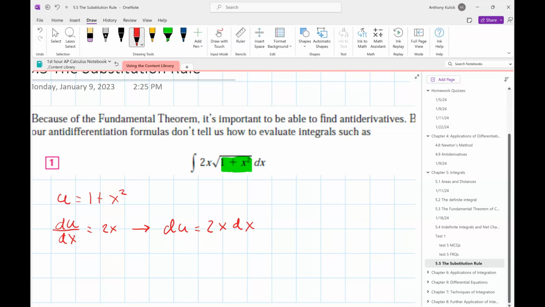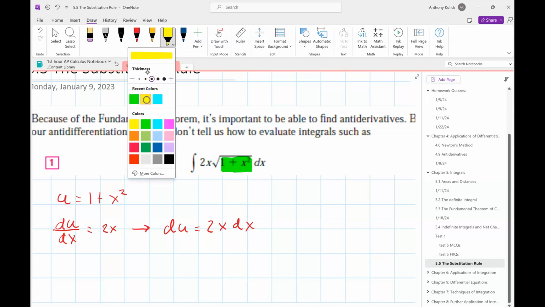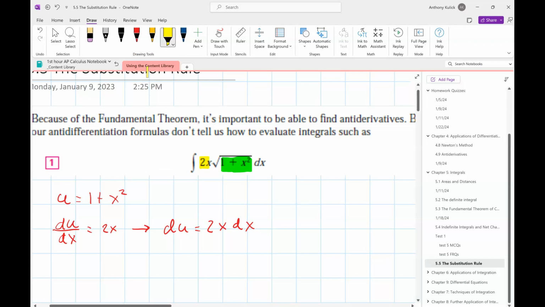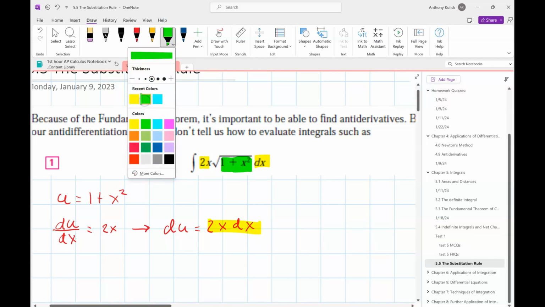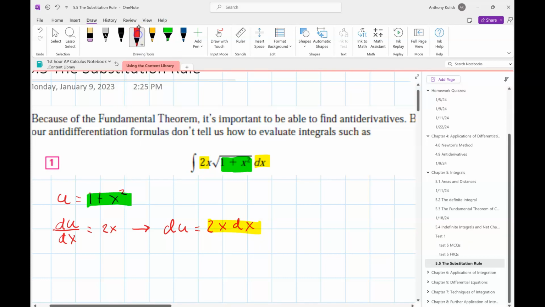Is everybody okay with that? So u is the 1 plus x squared, and 2x dx is my du. So this integral now becomes the integral of the square root of u du. So far, so good?